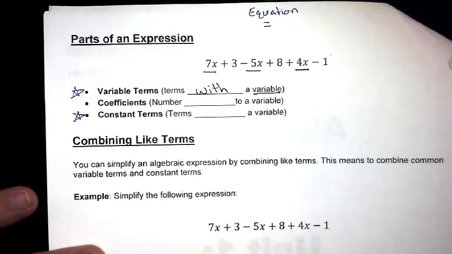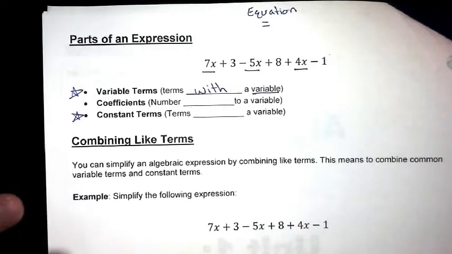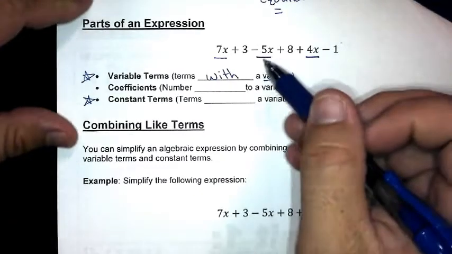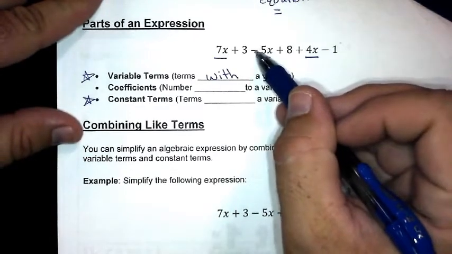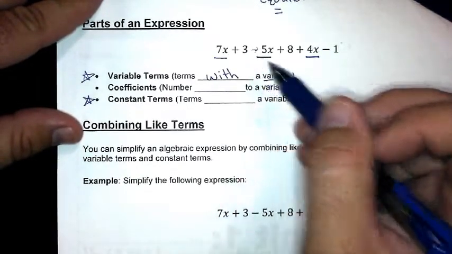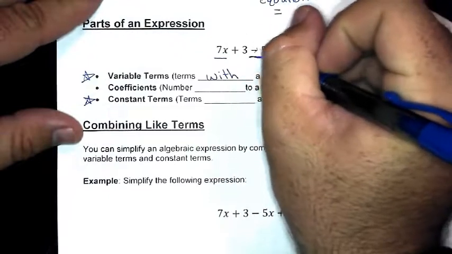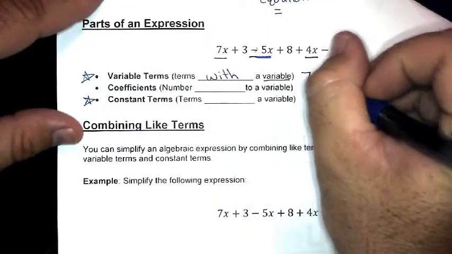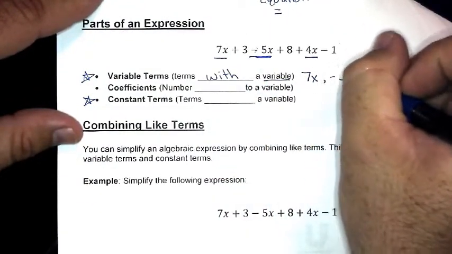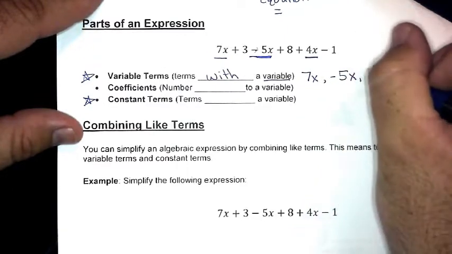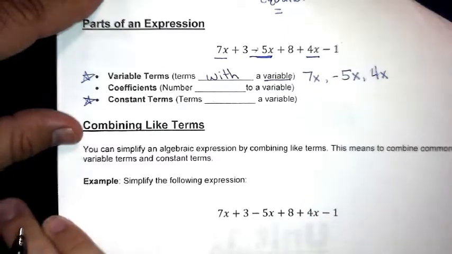What do you think we are missing with one of those numbers? The negative. What's in front of the 5? Subtraction sign. Anytime we see a subtraction sign, we must consider it negative. So our variable terms are 7x, negative 5x, and 4x.